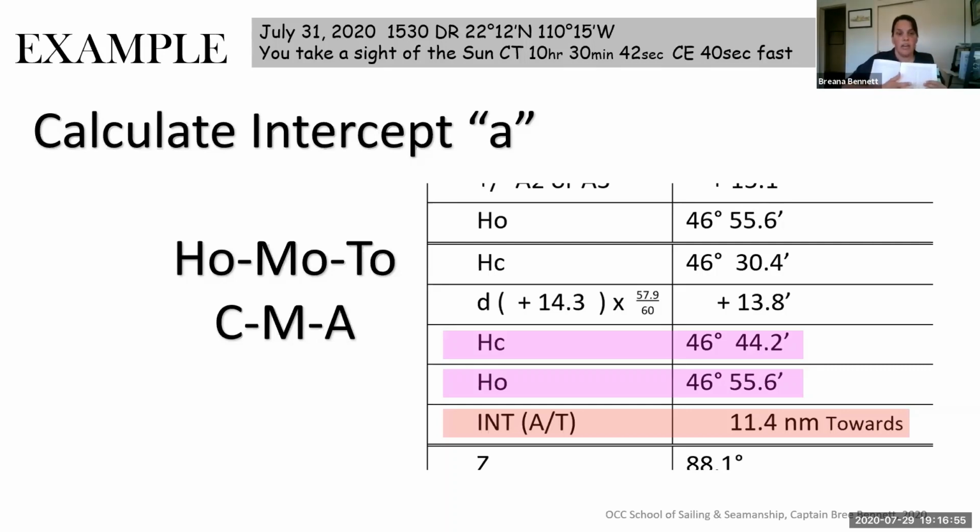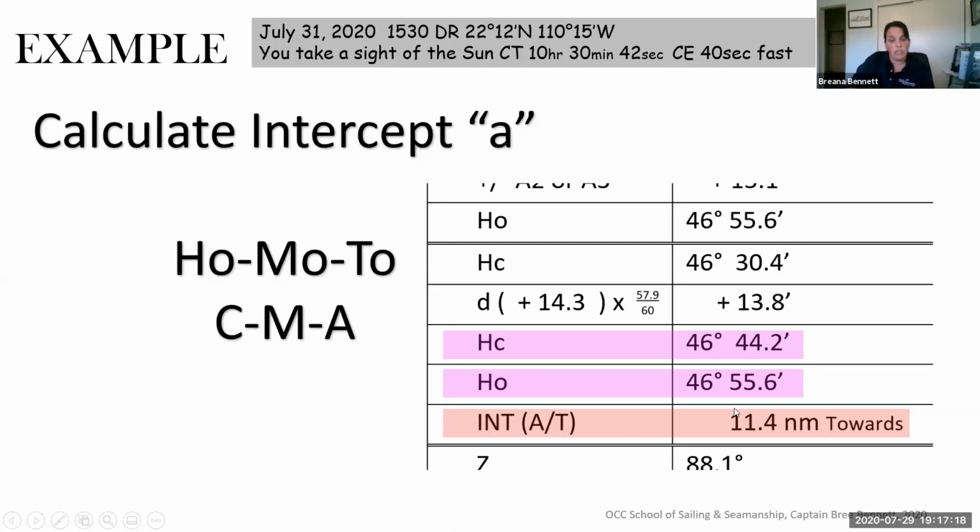So we went from sextant altitude to apparent altitude to observed altitude, our HO. So we just put in our HO again right there, so then we could see the two numbers close to each other and get what the difference is.